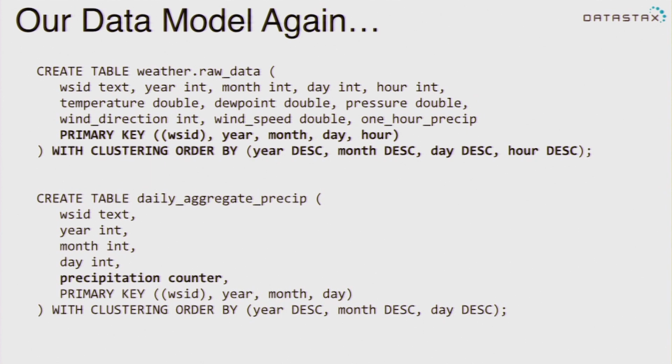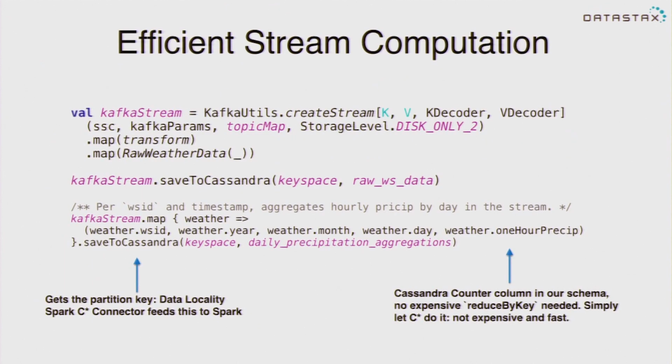It gets a little interesting to set that up in some use cases. But here it's very easy because I've set up my precipitation counter in Cassandra, so I don't really need any other information. I can just go ahead and do my first aggregate roll-up of that data from the raw data.